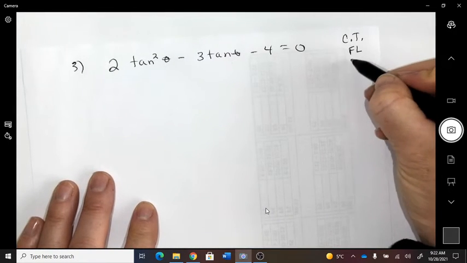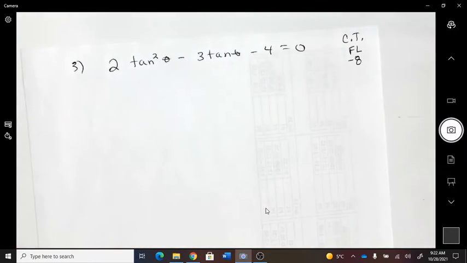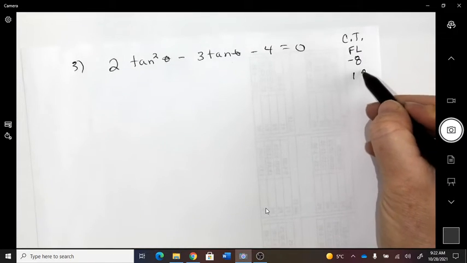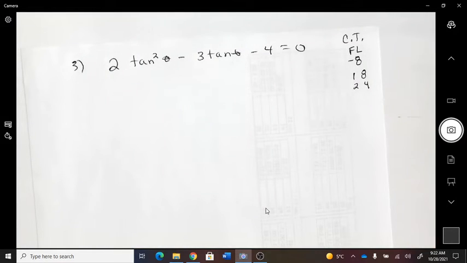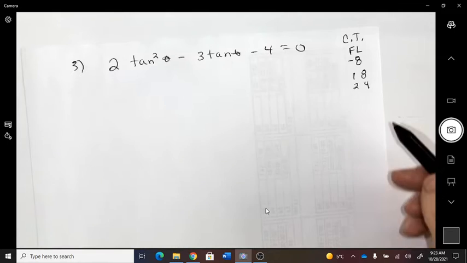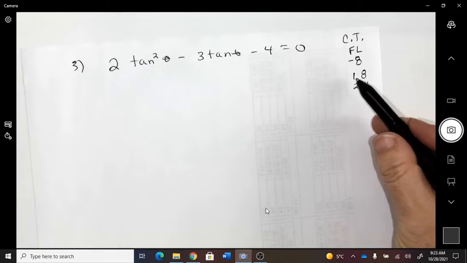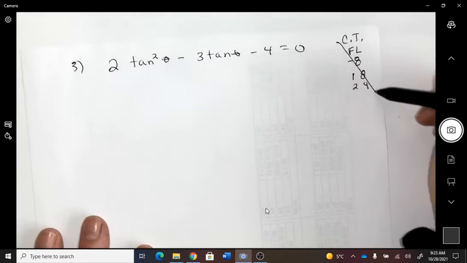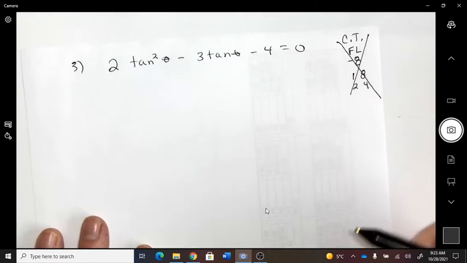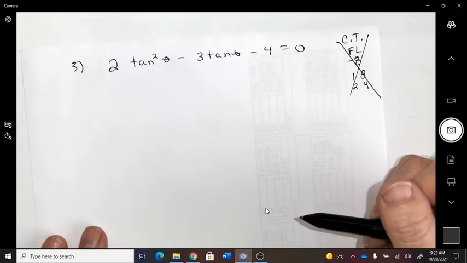Okay, the FLA is -8. 1, 8, 2, 4. Is there anything that's going to get you 3? Do any of those pairs make a 3? 1 and 8, that'll never be 3. 2, 4, that could never be a 3. So, guess what? It's not factorable.